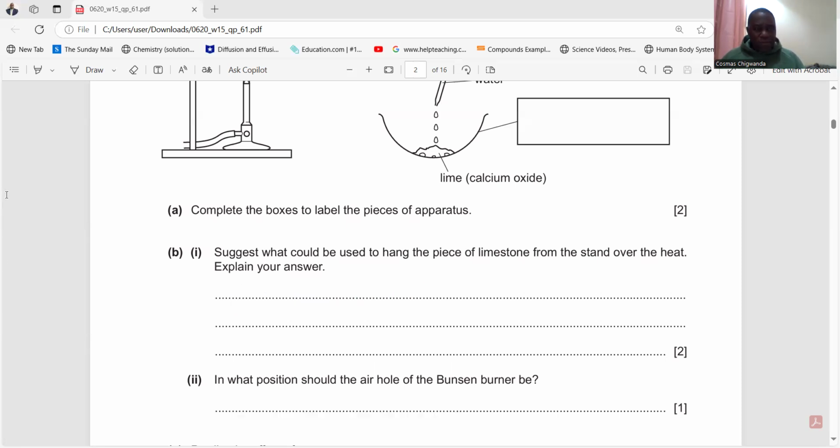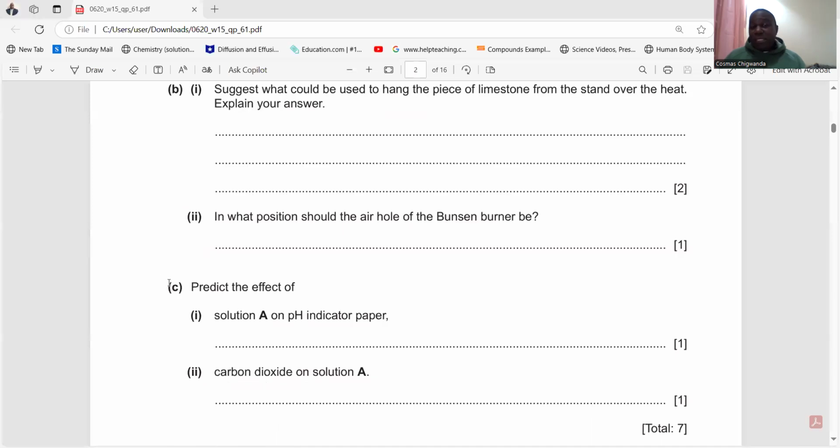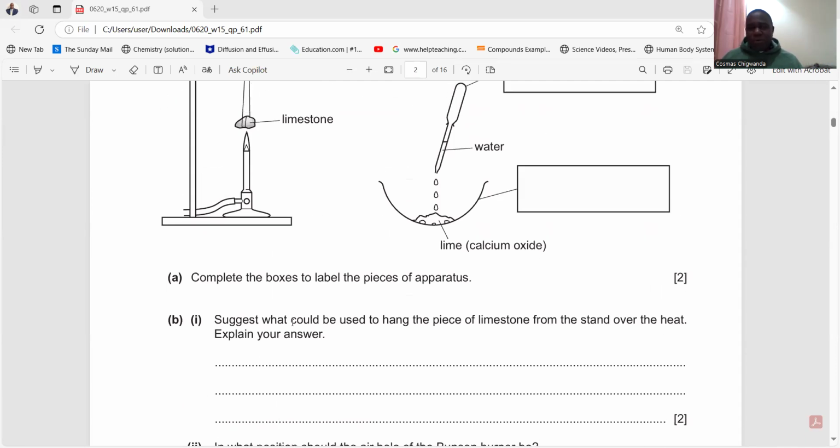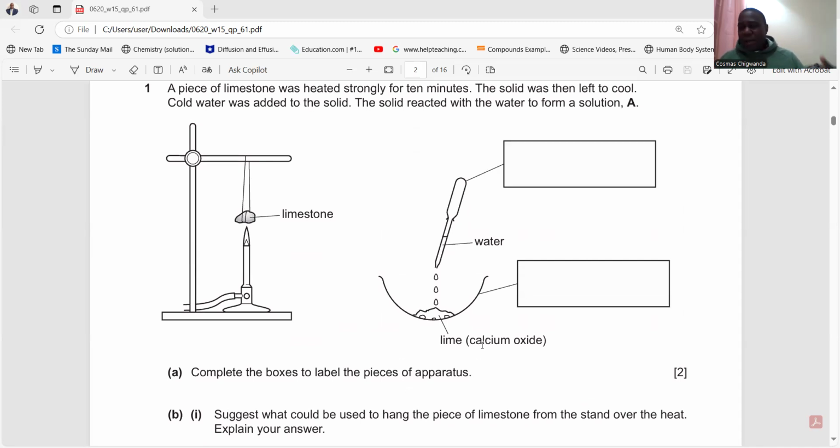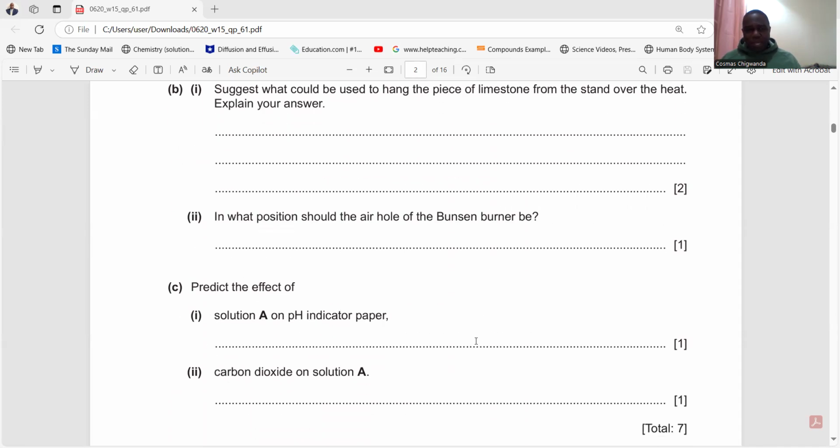Okay, we move downwards. Predict the effect of solution A on pH indicator. The examiner here is testing your knowledge on metallic oxide and non-metallic oxide. We have calcium oxide here being produced, and we're going to say calcium oxide plus water.